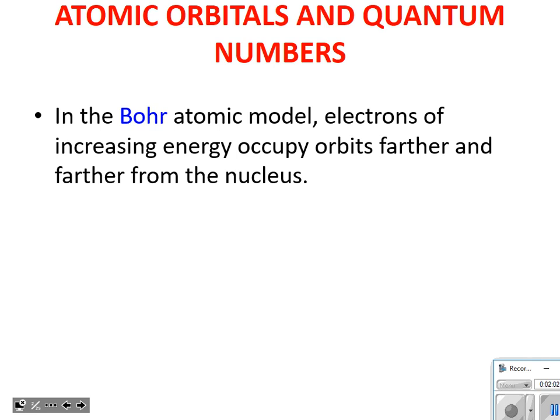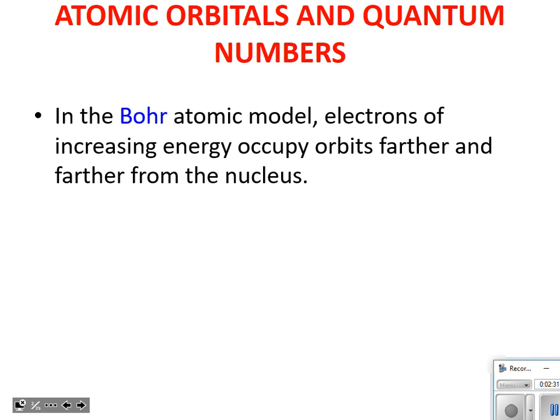We talked yesterday about the Bohr atomic model. What did we give the Bohr atomic model as its nickname? What did we say it was? Well, Bohr is boring, yes. We named his version of the atomic theory. What did we call it? The planetary model.